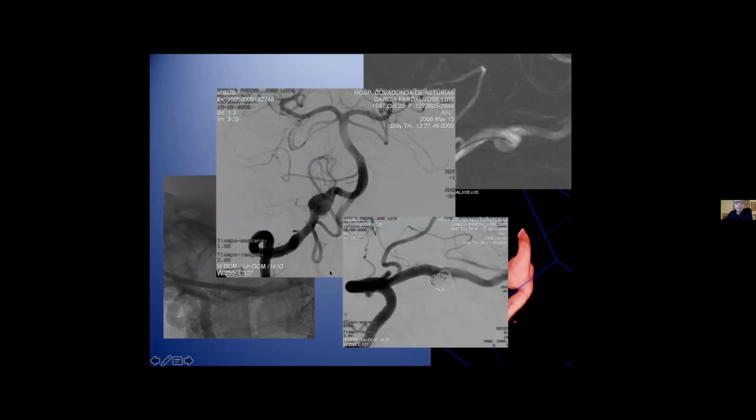This is the PICA. This is the spinal. It's possible to occlude this artery in this segment and occlude the aneurysm. It's the best solution. Another one was treated with a stent and coils.